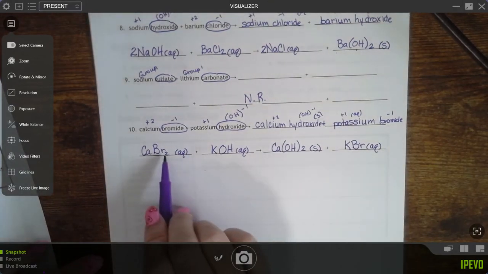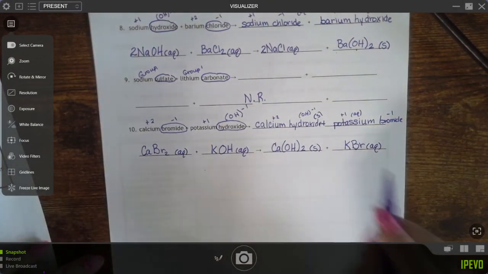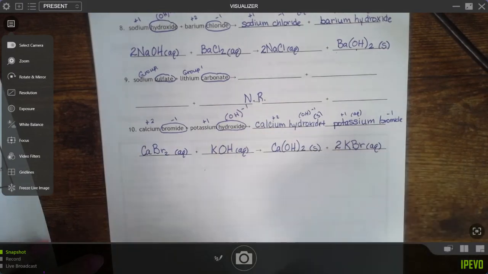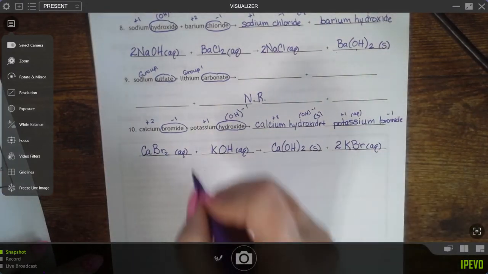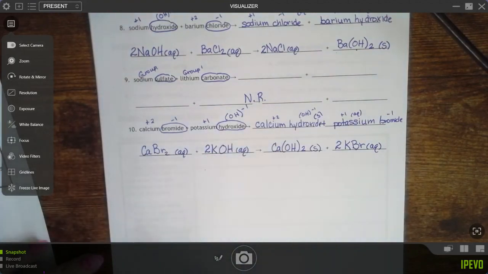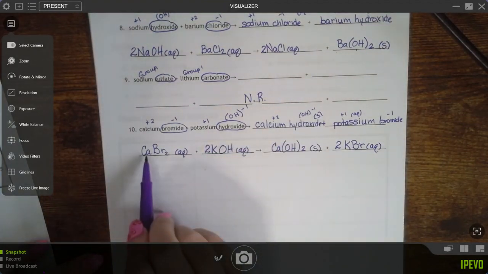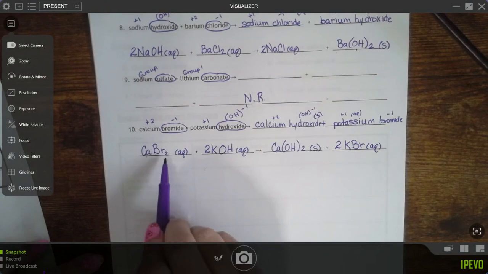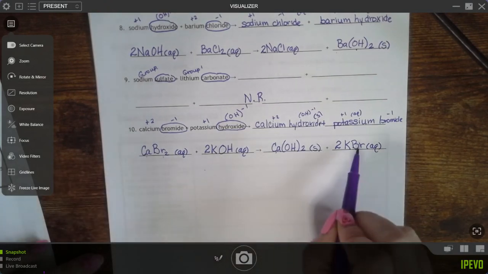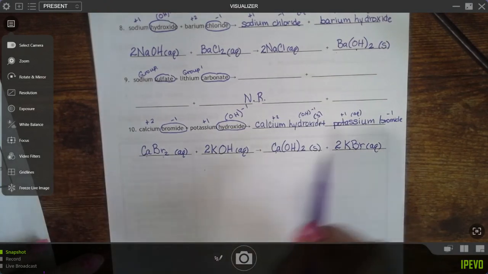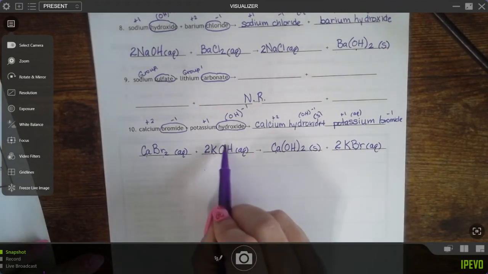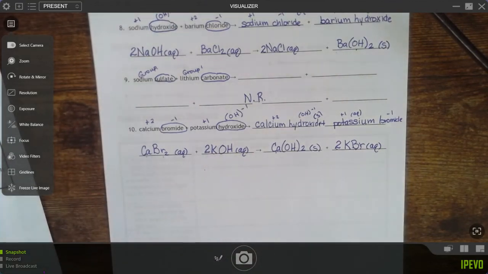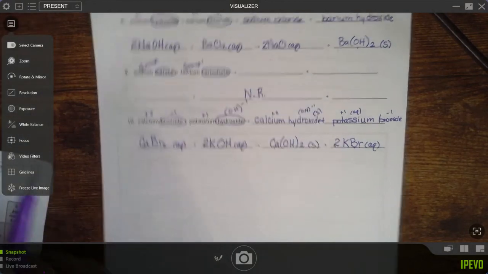No, because here we have 2 bromine. Over here I only have 1, so I need a 2 here. And that tells me I need a 2 in front of potassium. So let's count. I've got 1 calcium, 2 bromine, 2 bromine, 2 potassium, and 2 hydroxide. So that equation is balanced.